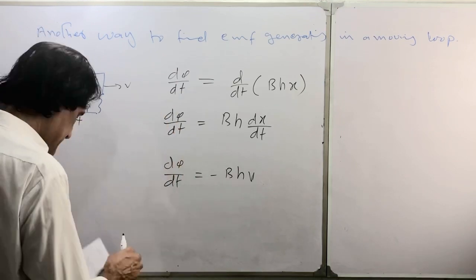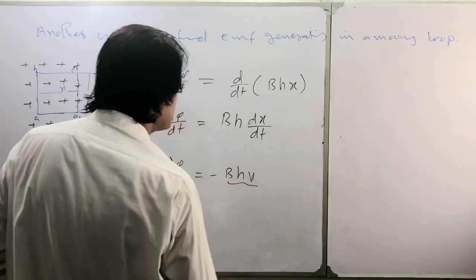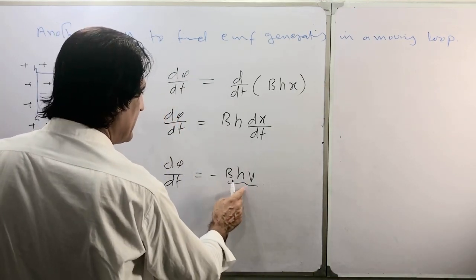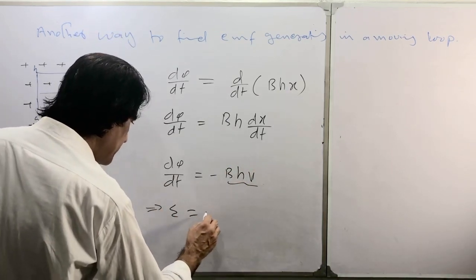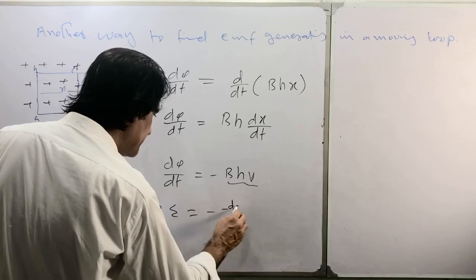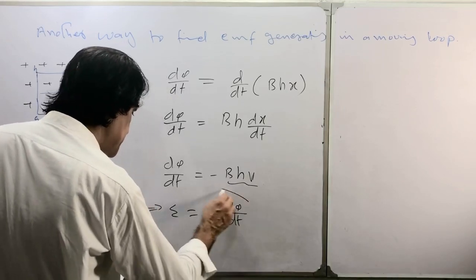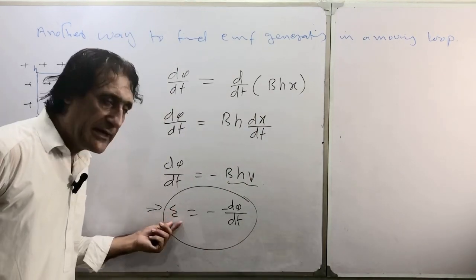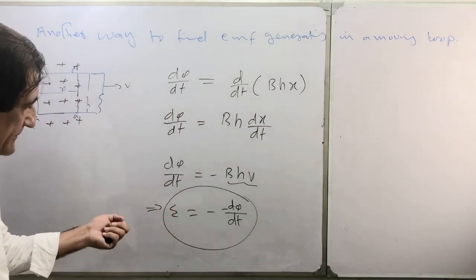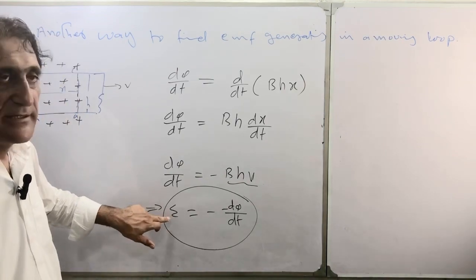So we will discuss this later. And what is this? This is actually the EMF. So it means that the EMF equals minus d phi by dt, the rate of change of flux.